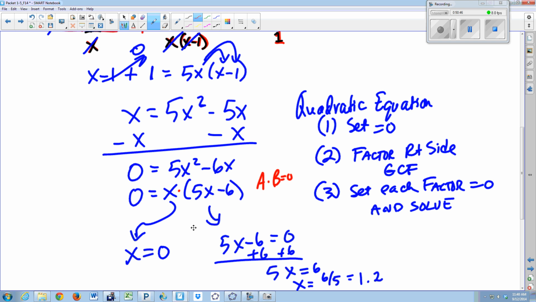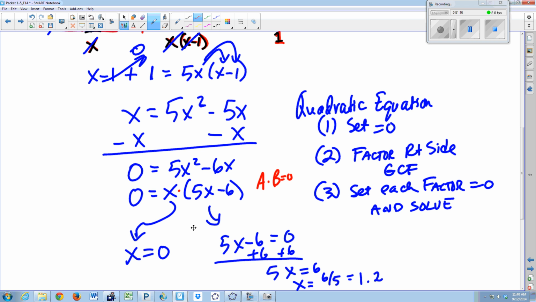And then that would make this equation 0. So let's try it. If I put a 0 in here, Isabel, I get 0 times something. That's a 0, right? If I put 6/5 in here for x, 5 times 6/5 is 6. 6 take away 6 is 0. And 0 times 6/5 is 0. So once we factor this, that helps us find the two solutions.